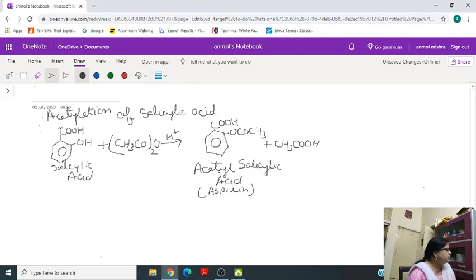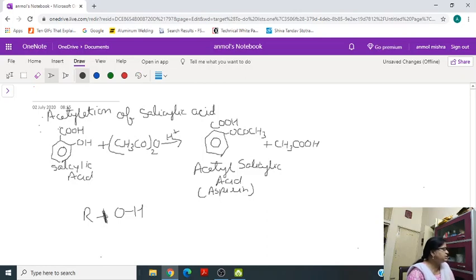Next is reaction due to the cleavage of carbon oxygen bond.